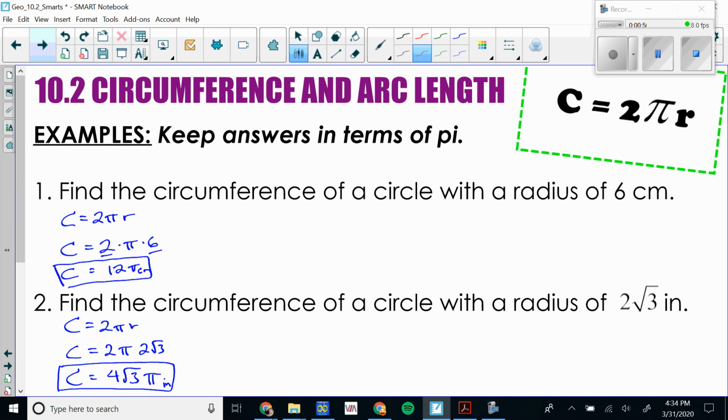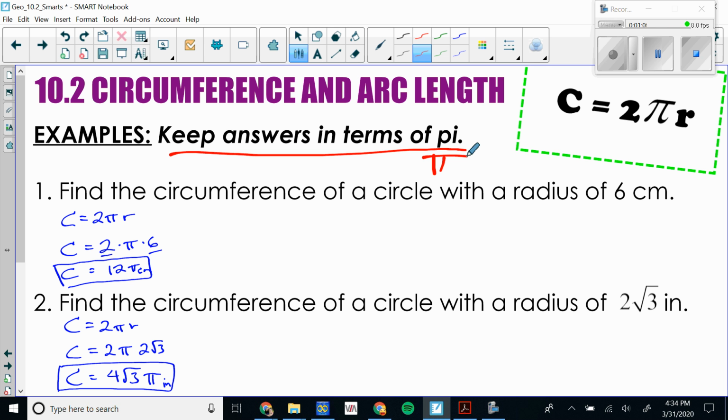In example 1 here, it says find the circumference of a circle with radius of 6 centimeters. Before we get started, notice it says keep your answers in terms of pi. That just means that pi is going to show up in the answer, and you'll see that circled a lot of times in my answer.